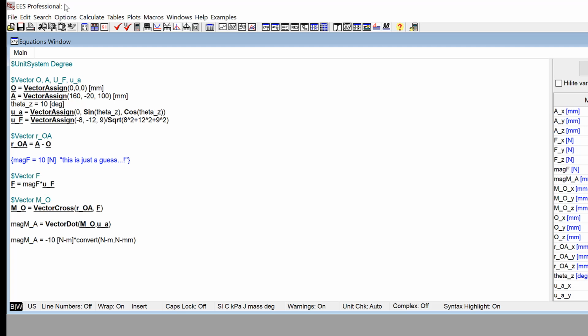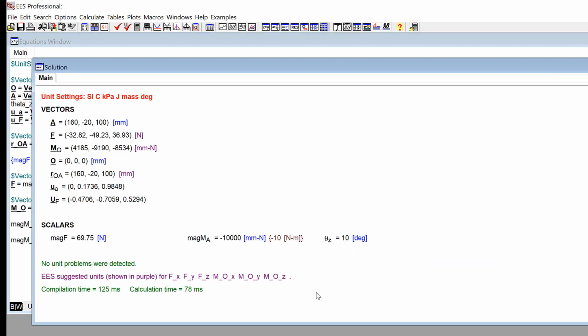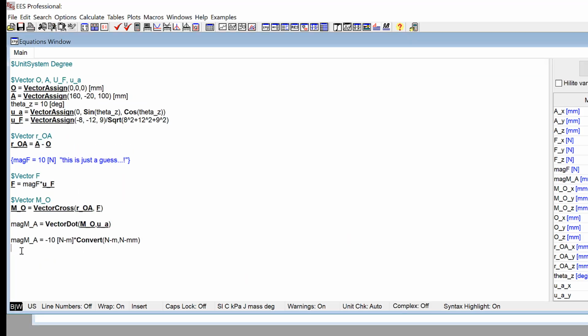And at this point, if I solve, EES has no trouble identifying that the force that would give me that moment is 69.75 newtons, and that agrees with the results in the text.